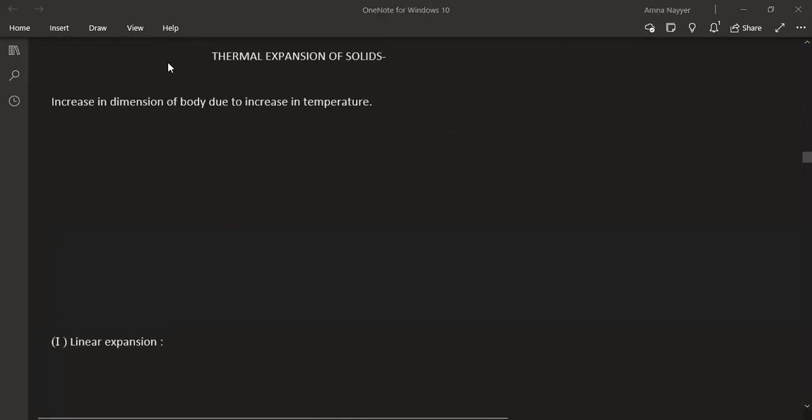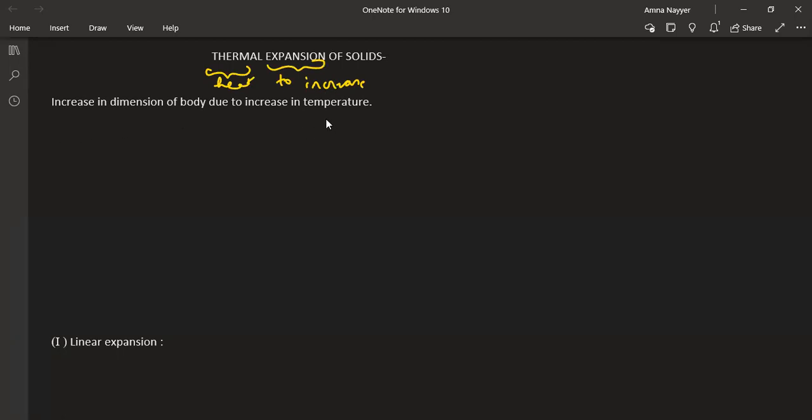See class, the next topic is thermal expansion of solids. What is meant by thermal expansion of solids? Thermal means heat, and expansion means to increase. So the increment in the dimensions of a solid because of heat, we call thermal expansion of solids.